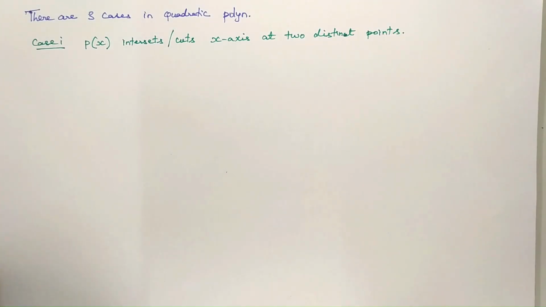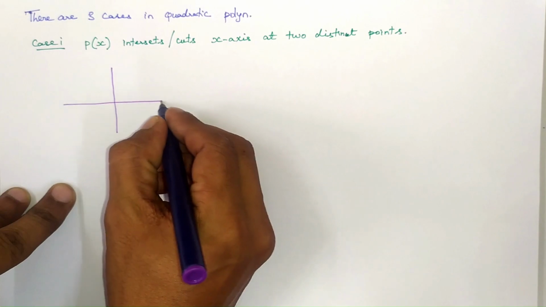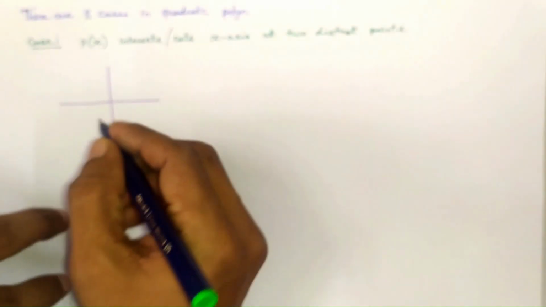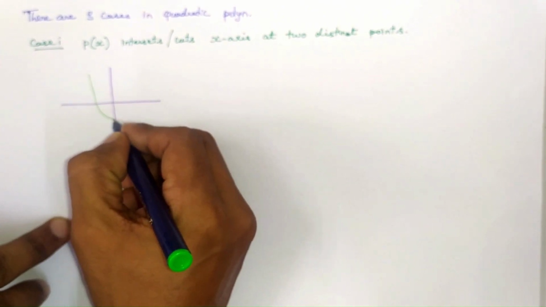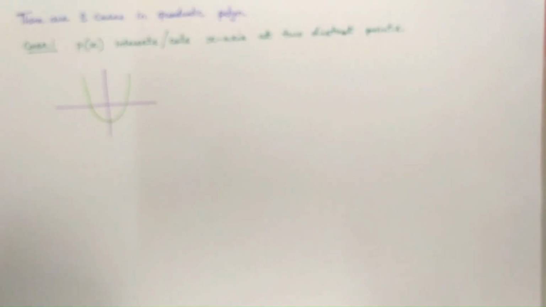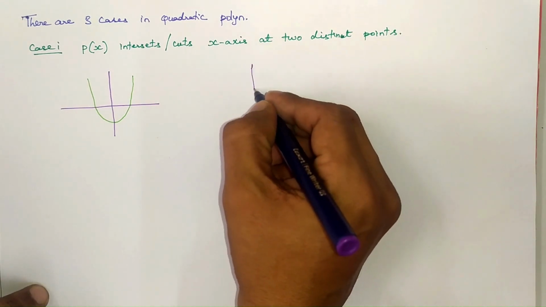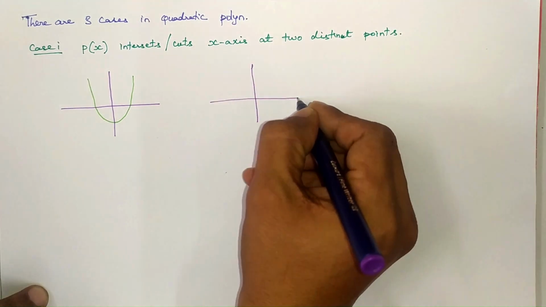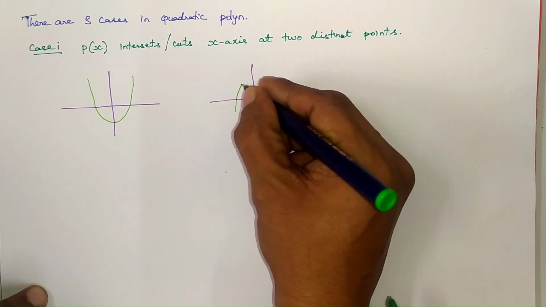So the graph will be, if this is the y-axis and this is the x-axis, if we plot the graph of the polynomial p of x, it will be either like this or like the inverted U shape.